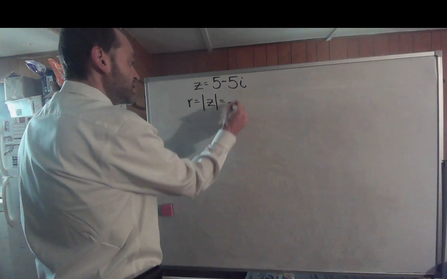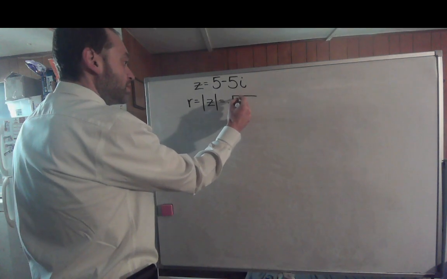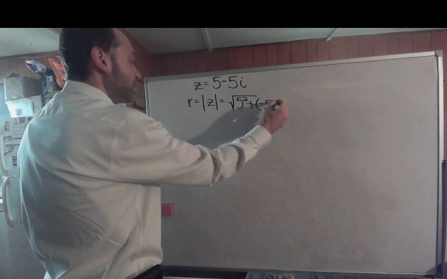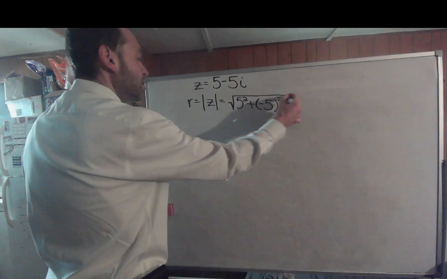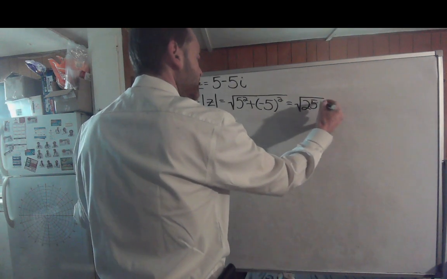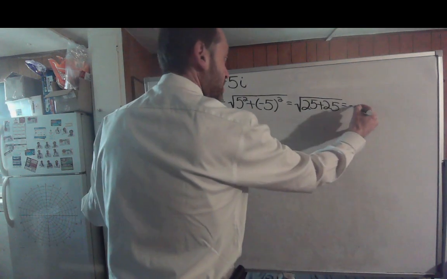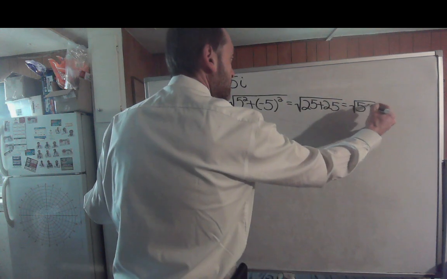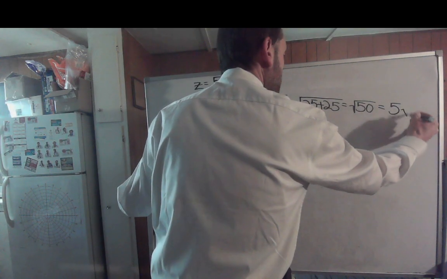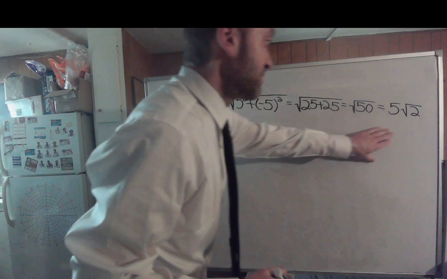So that's going to end up equaling the square root of 5 squared plus negative 5 squared, which would end up being the square root of 25 plus 25, which would equal the square root of 50, or simply 5 times the square root of 2. So there's your r being 5 times the square root of 2.